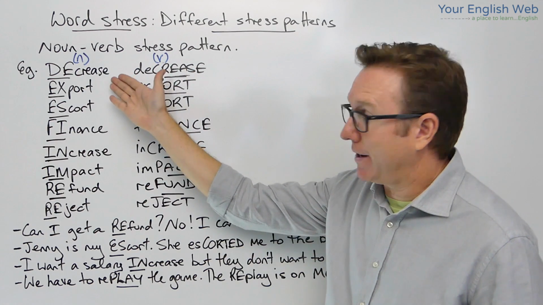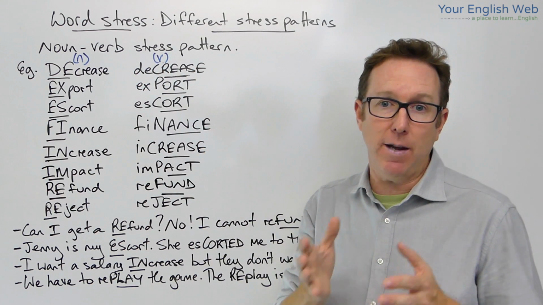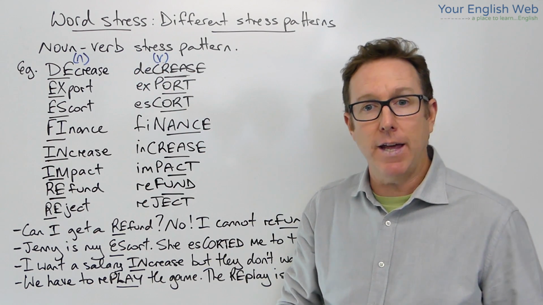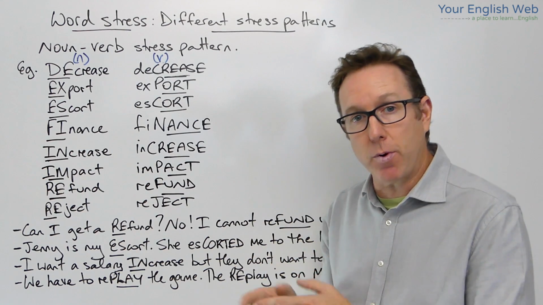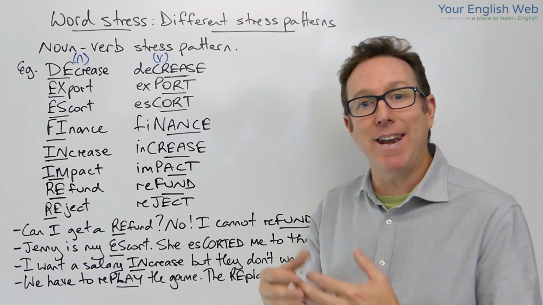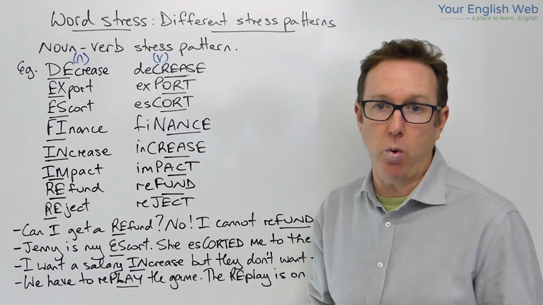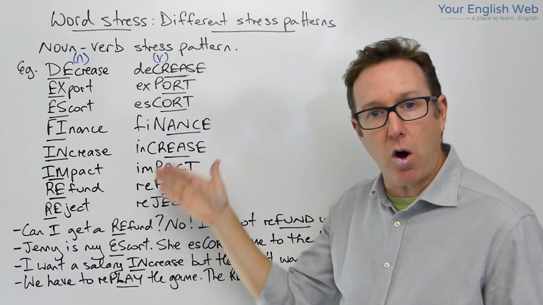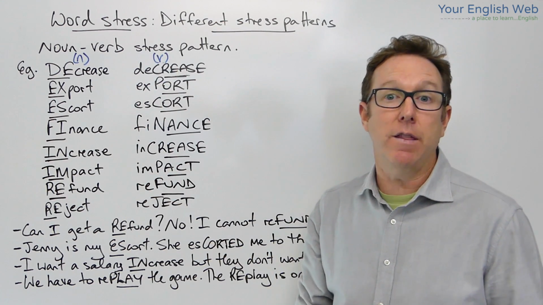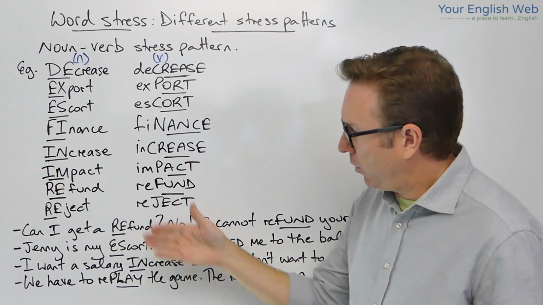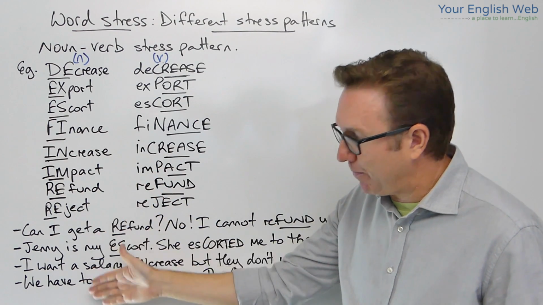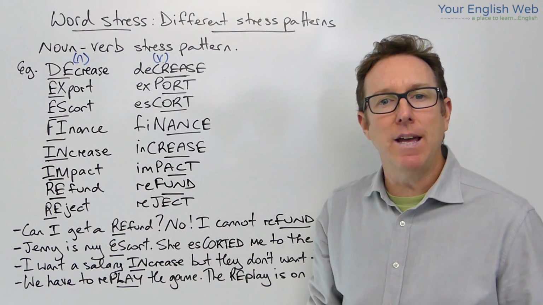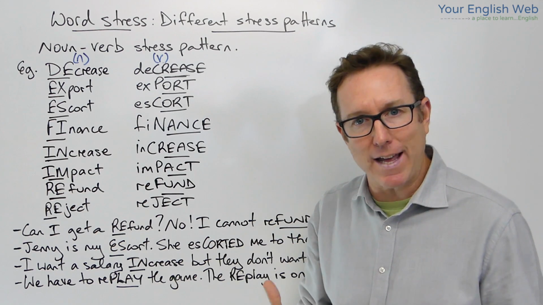So if the word is a noun, we stress it in one particular place, and if the word is a verb, we can stress it in another part of the word. I'm going to show you various examples of this today. There are more, of course, and we'll also have a look at some sentences to see it more in context.